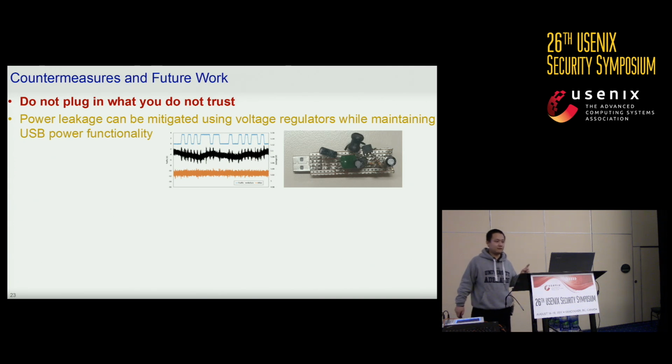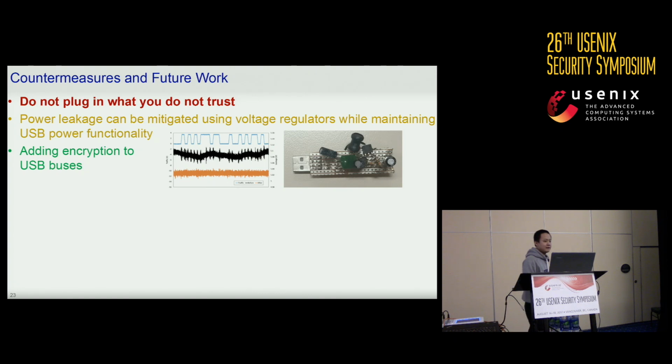After the voltage regulator, most of them have been removed, as shown on the orange trace. Finally, we can always add encryption to the USB network, which requires completely redefining the USB ecosystem, but it could effectively resist USB snooping attacks, including our crosstalk leakage attack.